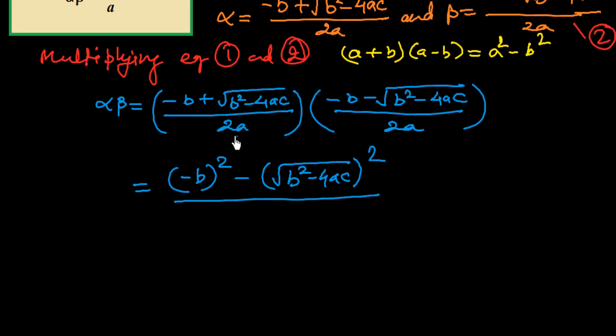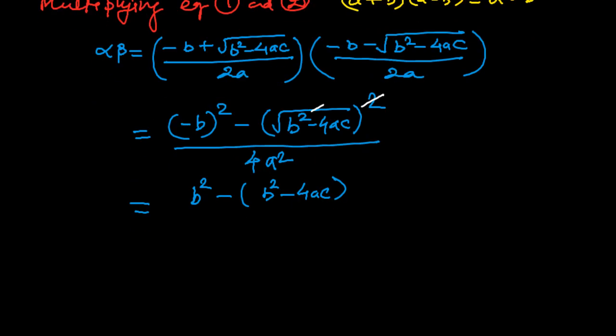In the denominator, 2a into 2a, which is 4a square now. Minus b square is now positive b square. Here b square minus 4ac. Why? I will explain. This square and square root will eliminate each other. And in the denominator you see it is 4a square.